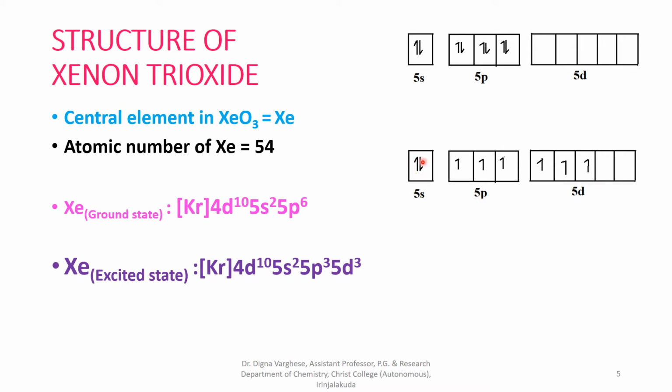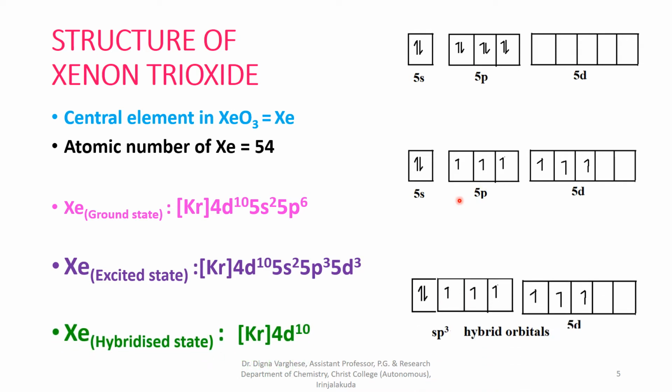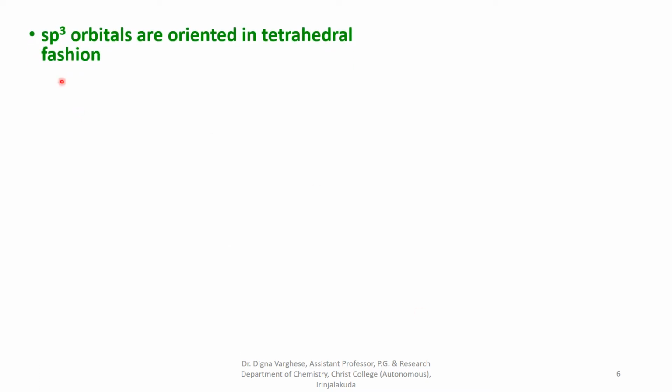Therefore, the 5s and 3 5p orbitals undergo hybridization, forming 4 new sp3 hybrid orbitals. We know hybrid orbitals differ only in orientation in space. sp3 orbitals are oriented in tetrahedral fashion and the bond angle is 109.5 degrees.